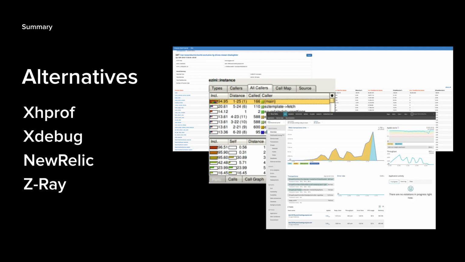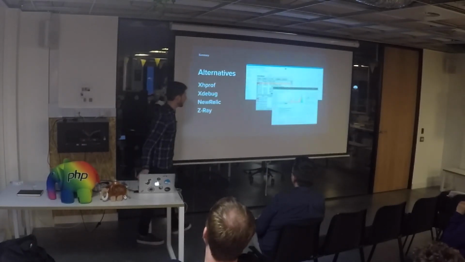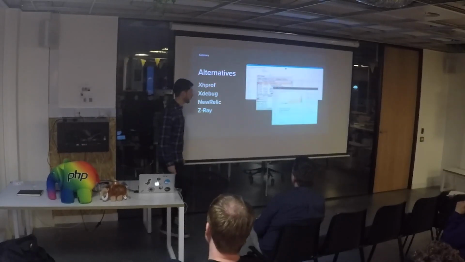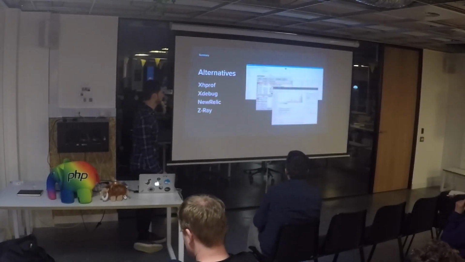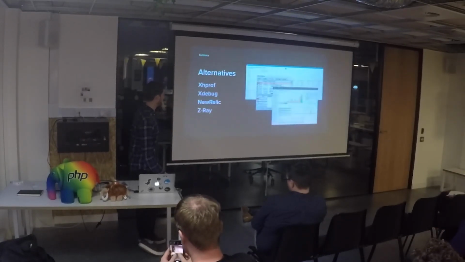So some alternatives, XHProf, you probably all know. Xdebug does have profiling built into it. It's okay. You have to, again, use interesting tools which create impenetrable graphs and lots of scrolly things, and Java interfaces, that kind of thing.